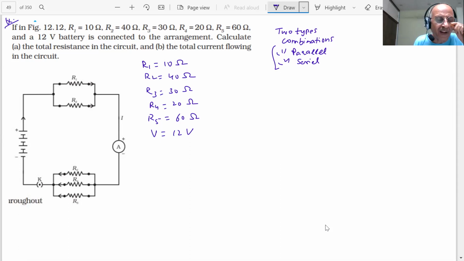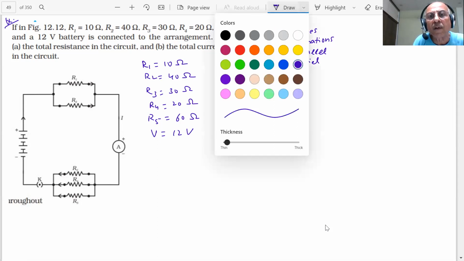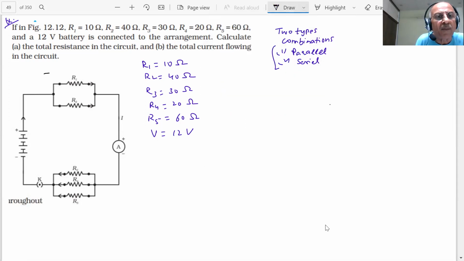First, you will tell me, student, where do you see resistors attached parallel to each other? What is the definition of parallel? When they have the same node, student. Are these two resistors R1 and R2 connected in series or in parallel? So they are parallel. Okay. So first point, I am concentrating on this part.